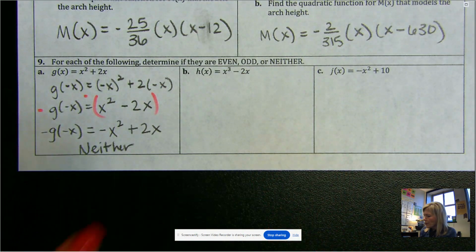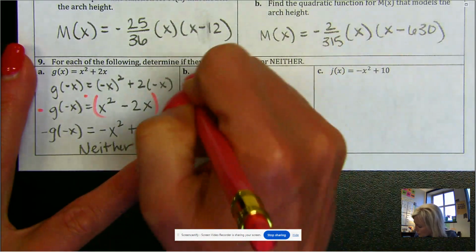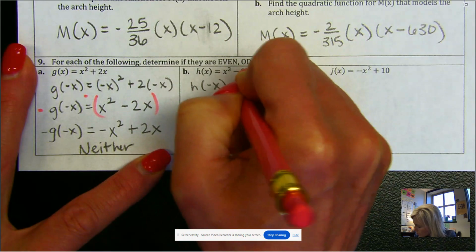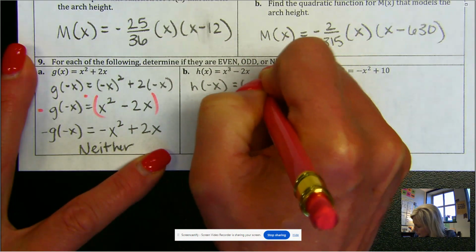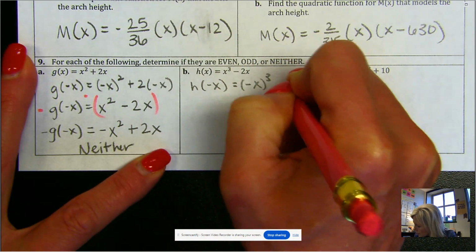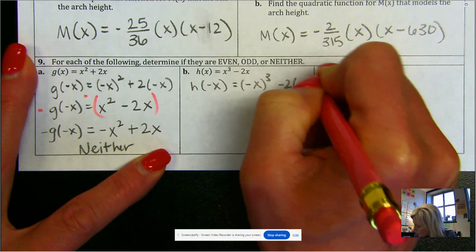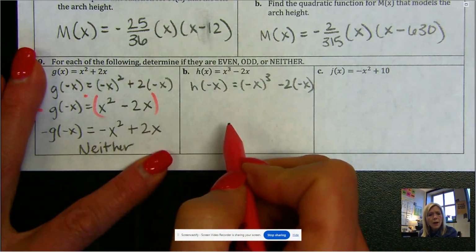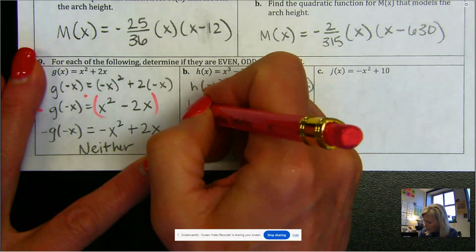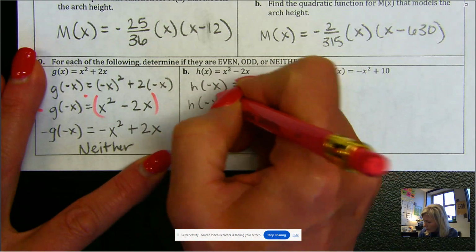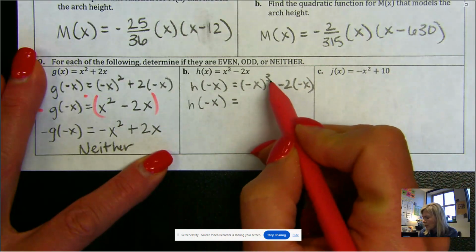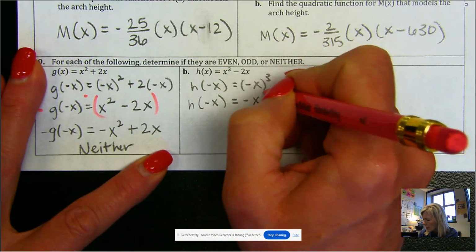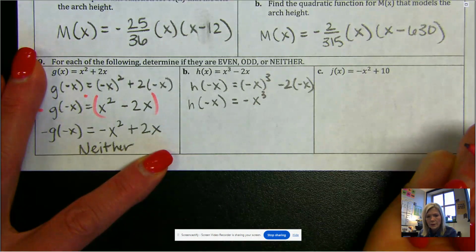All right, the next one. We always start this the same way. h of negative x is equal to negative x to the third minus 2 times negative x. Excuse me. So negative x to the third, because our exponent is odd, this is the same as negative x to the third without parentheses.